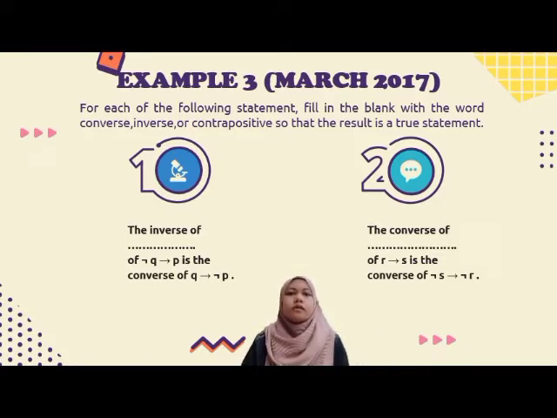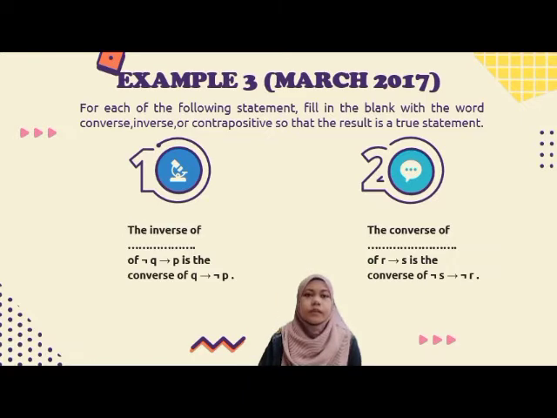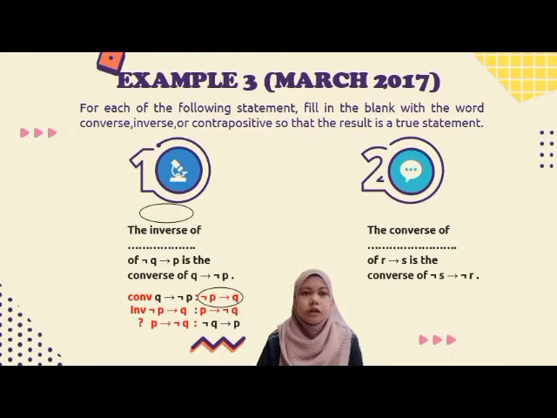Okay, for the first question, the inverse of what of not p implies q is the converse of q implies not p. In this question, we need to solve the statement at the back, which is the converse of q implies not p. We will get not p implies q. And the statement at the back must be the same as the statement in front.